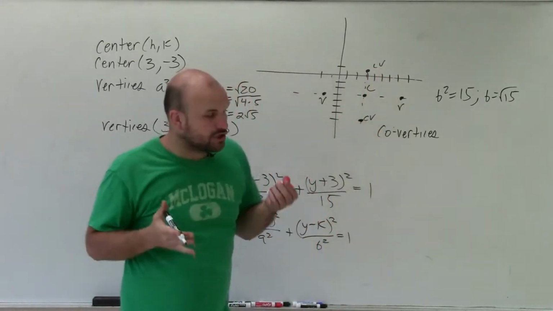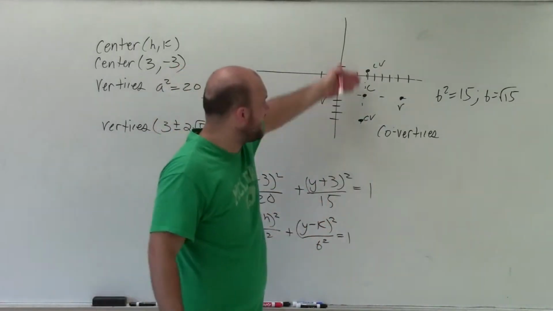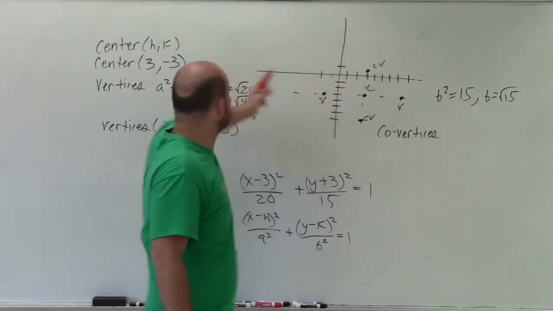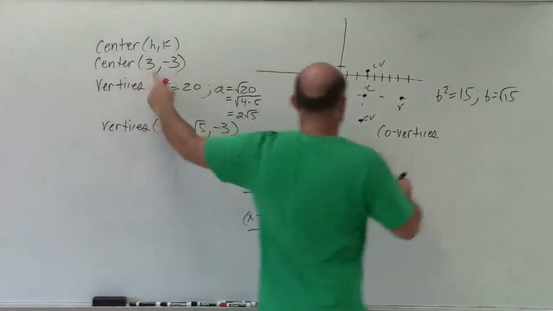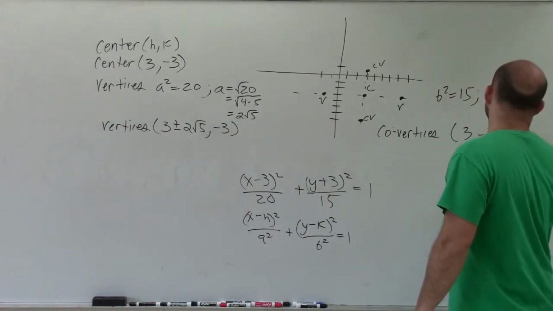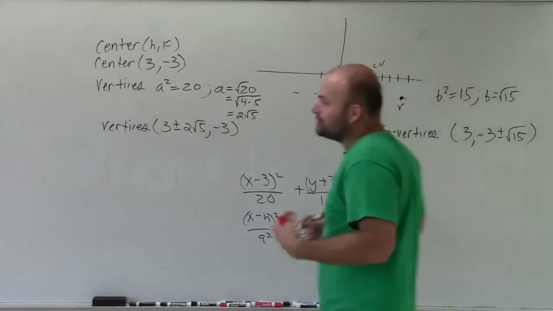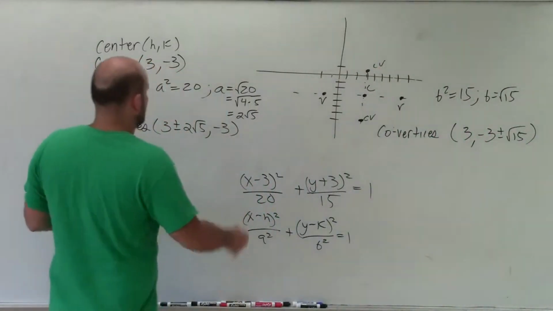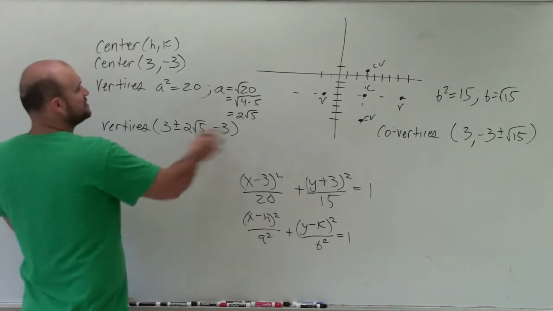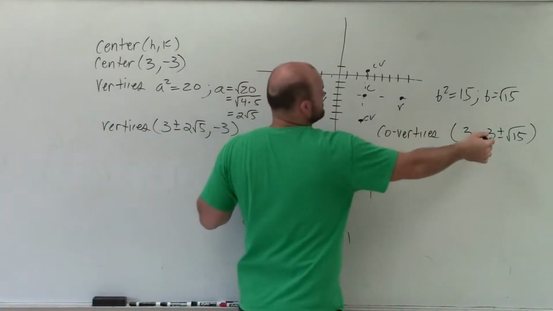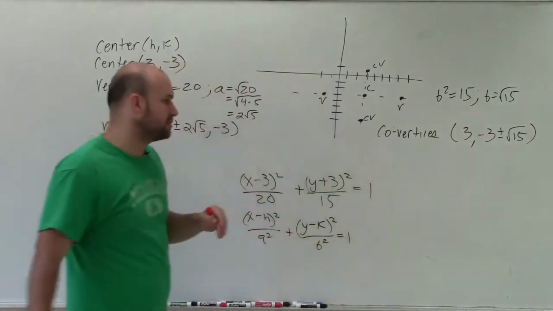Now notice how for the covertices, I went from the center and added and subtracted the square root of 15 from the y coordinate, as the x coordinates stay the same. So my covertices are going to be 3 comma negative 3 plus or minus square root of 15. Take note of the difference between how I wrote the covertices and the vertices. Since this is a horizontal major axis, I add plus or minus to the x coordinate for the vertices, and I add and subtract to the y coordinate for the covertices.